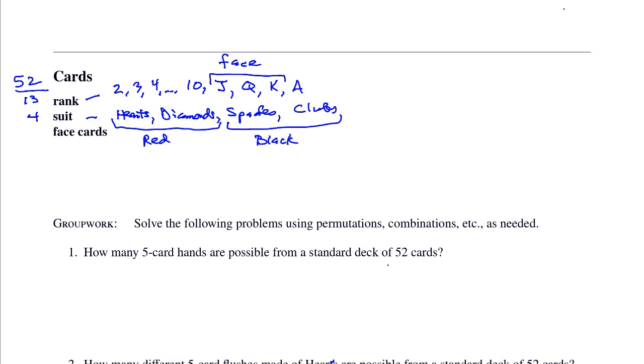Now, you sort of think of there being an order to the cards. You have to think a little bit more abstractly. There's not really an order to the cards. The games that you play with the cards impose a certain order. For example, is the ace a high card or a low card? Depends on the game you're playing, right?